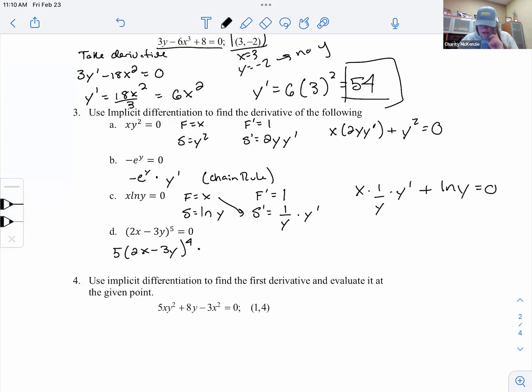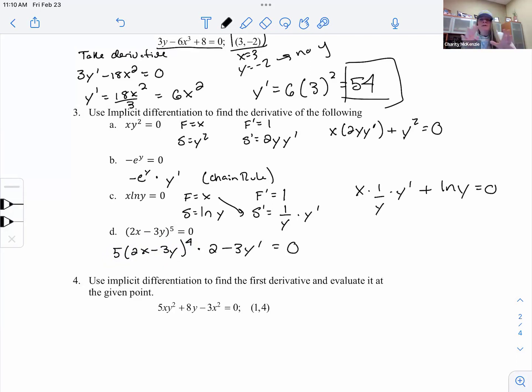Well, the derivative of 2x is 2. The derivative of 3y is just 3, but when you take the derivative of the y, you add the y prime. Now, we didn't take a derivative of a y in here. They took the derivative of the outside. Okay, so then we have this equals 0.